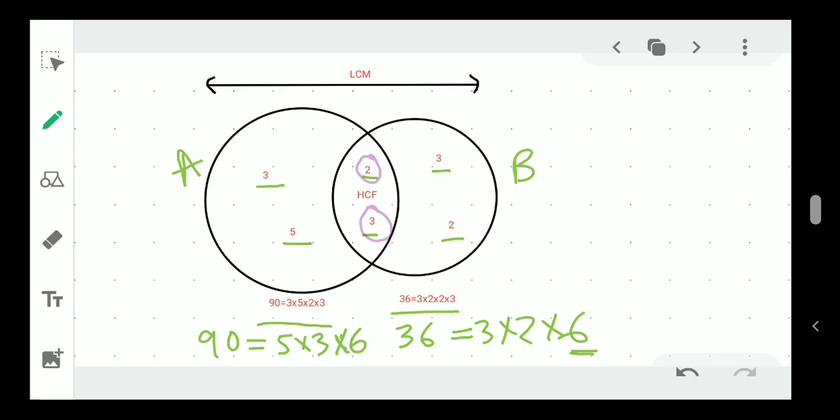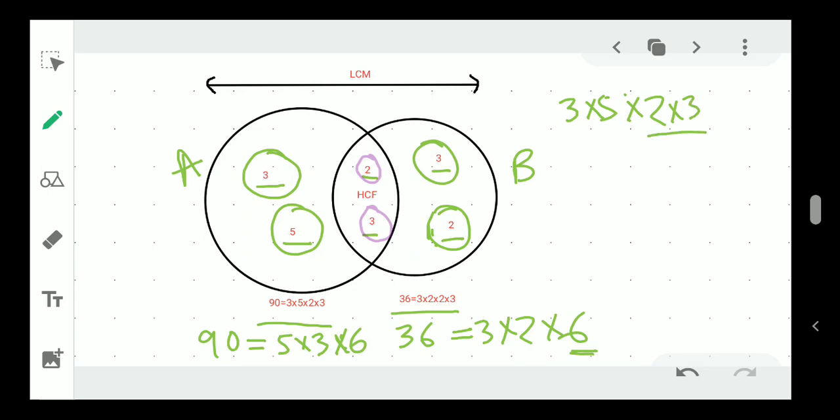Common factor means the portion which is common for both. And LCM means that if you take all the numbers and multiply them with our HCF, then we will get the LCM. So you can write 3 into 5 into 2 into 3, this is the HCF, into 3 into 2.